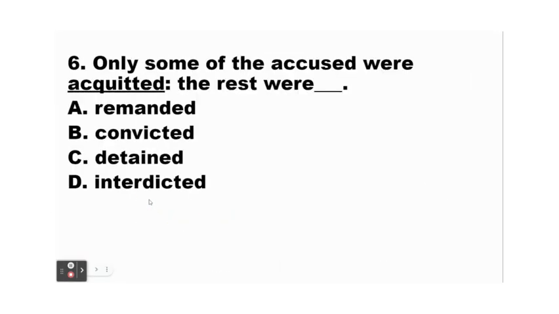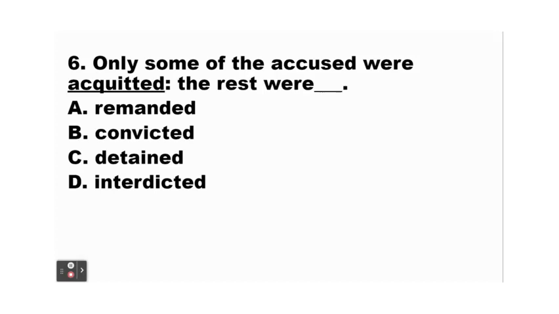Number 6, only some of the accused were acquitted, the rest were dash. A, remanded, B, convicted, C, detained, D, interdicted. Now, acquitted means declared innocent, okay?